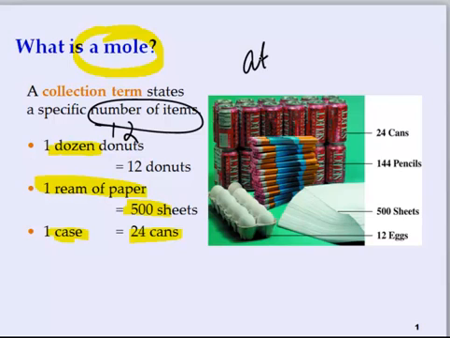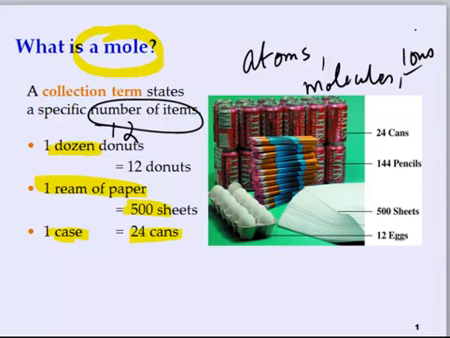So we are either measuring or counting, I should say, atoms, molecules, or ions. Any of these tiny molecules or atoms or ions can be counted, and the count is considered to be a mole.